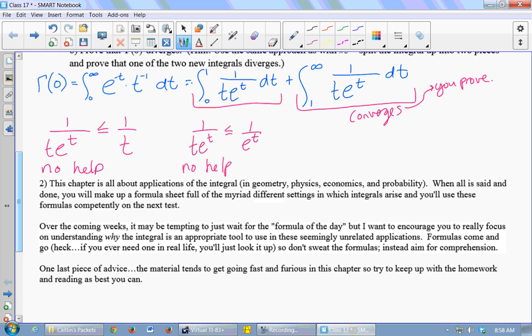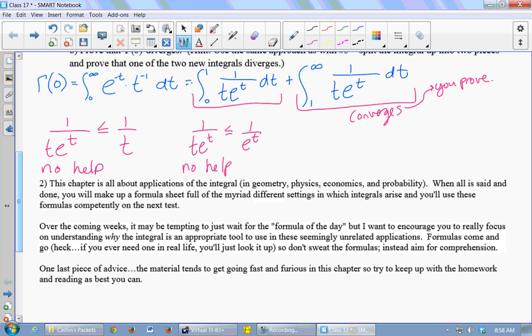Proving that you're smaller than something infinite does not prove anything. You can't conclude whether it's infinite or finite. So in both of these cases, we're showing that the integrand is smaller than something infinite, which doesn't help me prove infiniteness or finiteness.